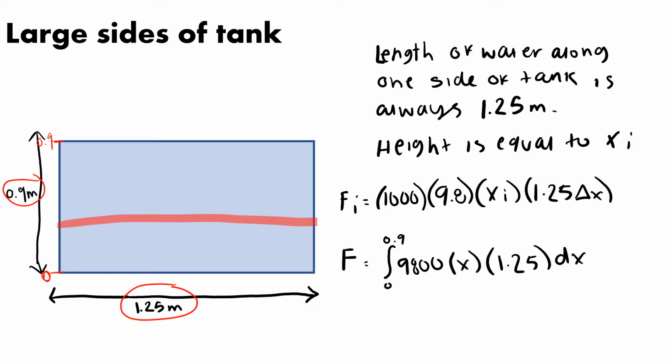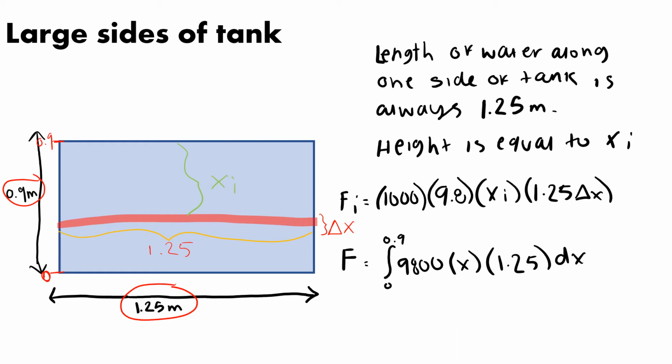And now the slice is always going to have a length of 1.25 meters. And the width of the slice is always changing. We can use delta x to represent this. And the depth of the water is also always changing as the tank fills up, so we can use x sub i to represent the depth of the water.